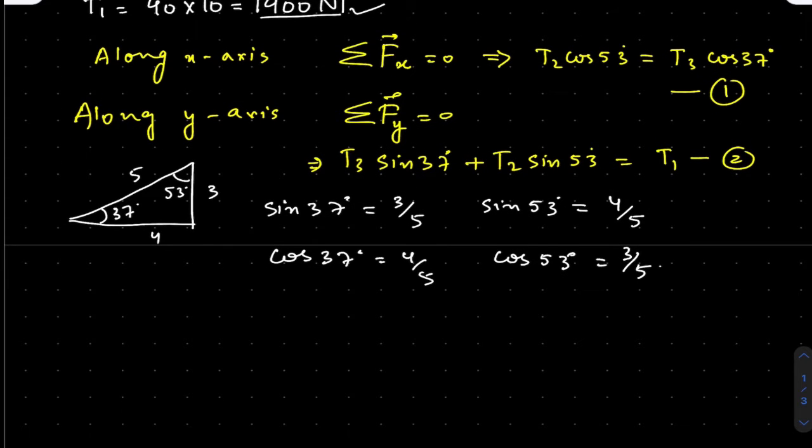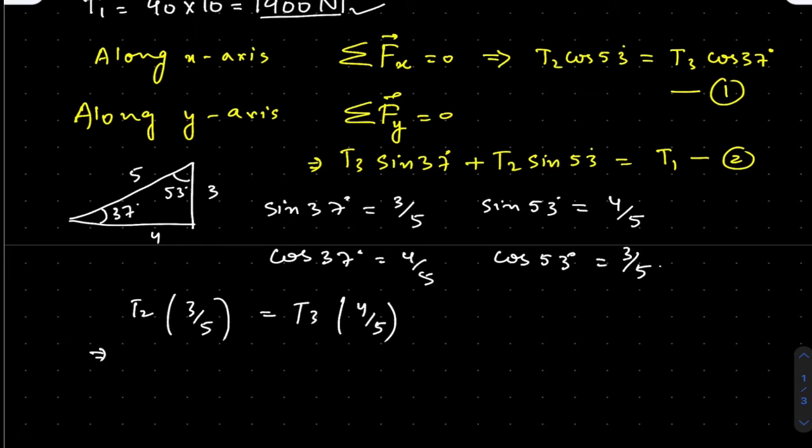So the first equation becomes T2 cos 53 degree, which is 3 by 5, equals T3 cos 37 degree, which is 4 by 5.